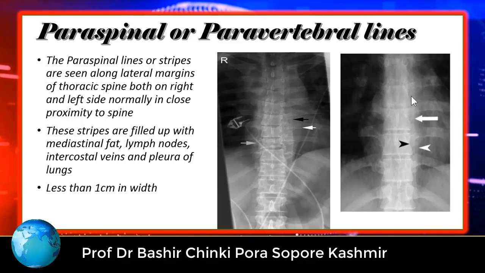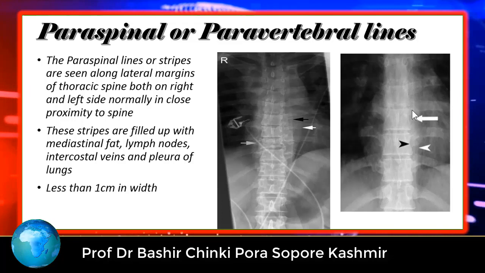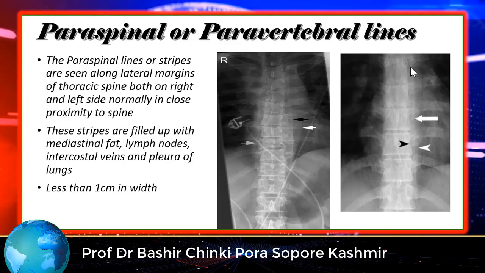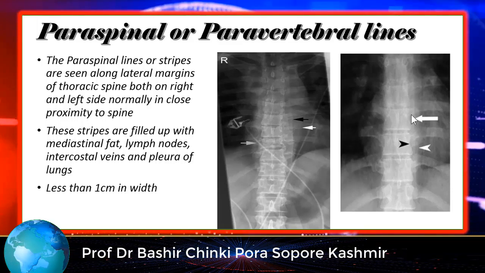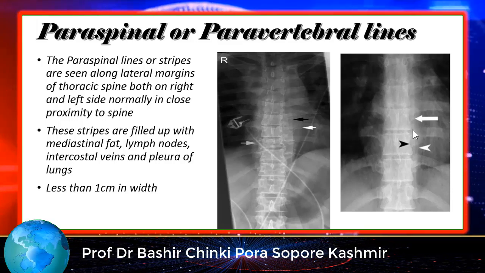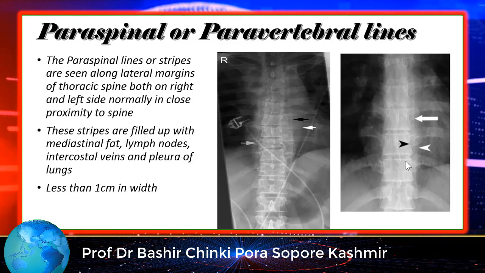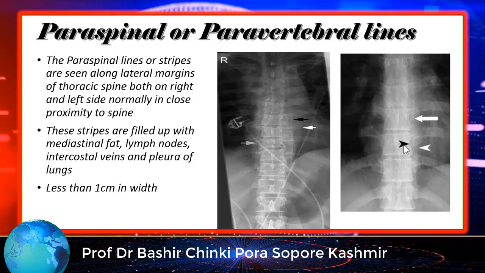If you see here, we see a vertical opacity which runs alongside the vertebral column, and we clearly see it on the left side in close proximity to the vertebral column.